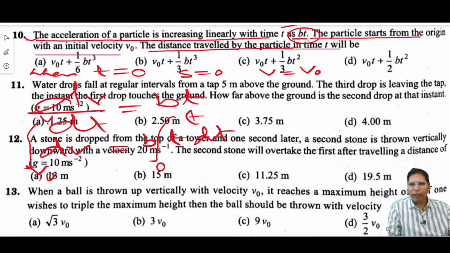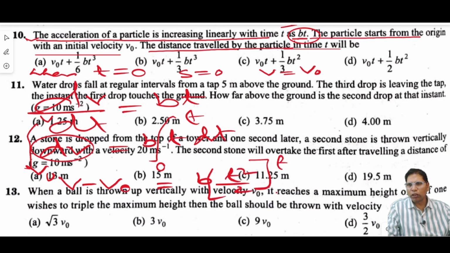So integration of dv gives v minus v naught, and this is b into t square by 2. Now the limit is t from 0, so this is half b t square. Okay, understood. Now we get v equals v naught plus half b t square.